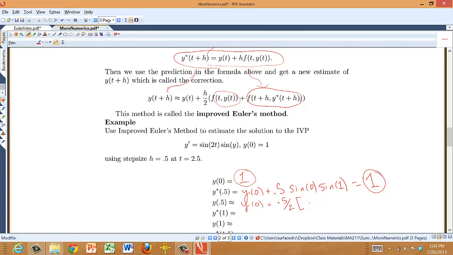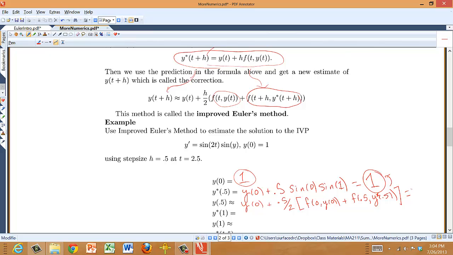So this is going to be f evaluated at 0 times y evaluated at 0, plus f evaluated at 0.5 with y evaluated at 0.5. Okay, and my y star at time point 0.5 is sitting right here.